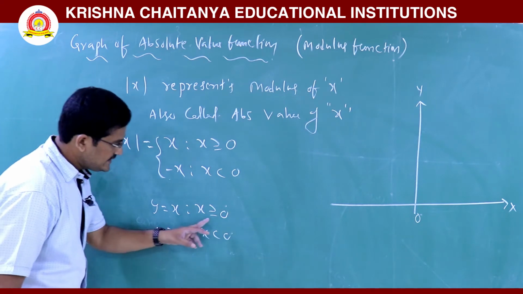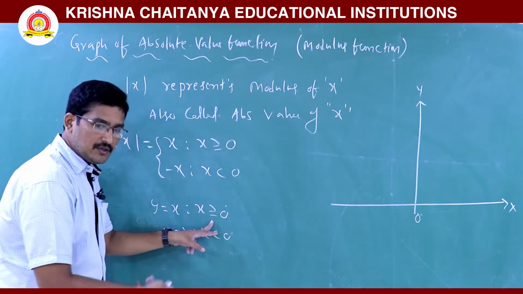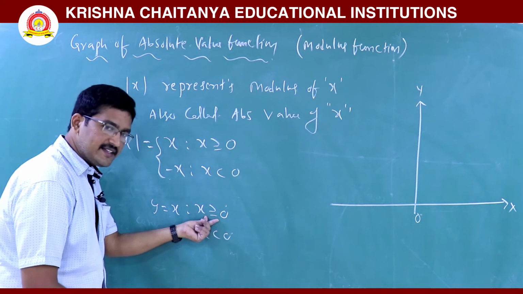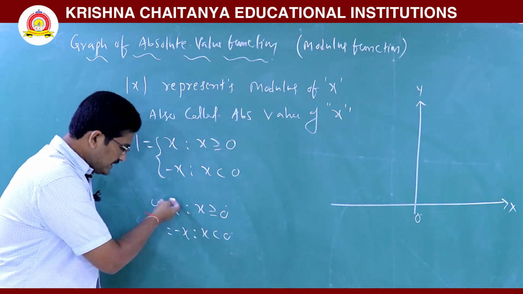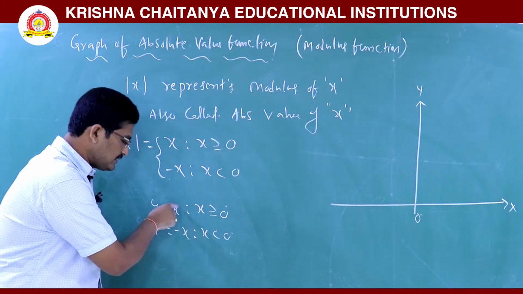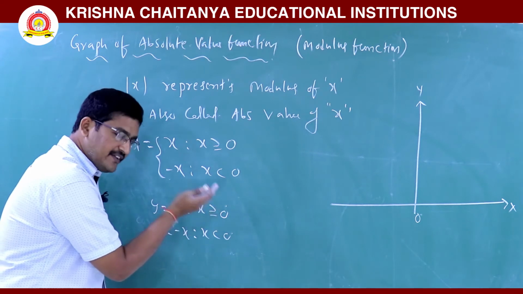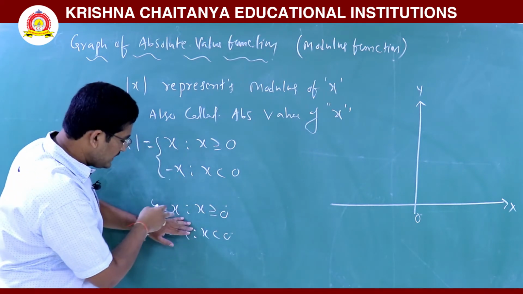If x is greater than or equal to 0, for x equal to 1, 2, 3, you have to take this case.